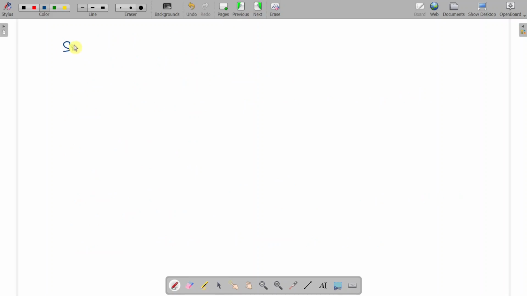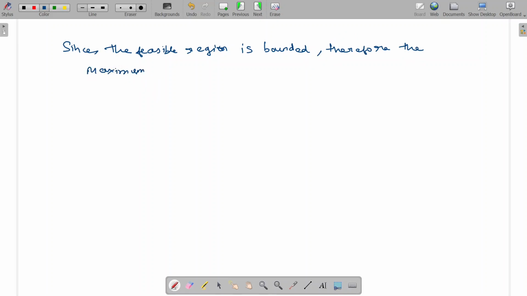So since the feasible region is bounded, therefore the maximum will occur at the corner points. Okay, at one of the corner points.